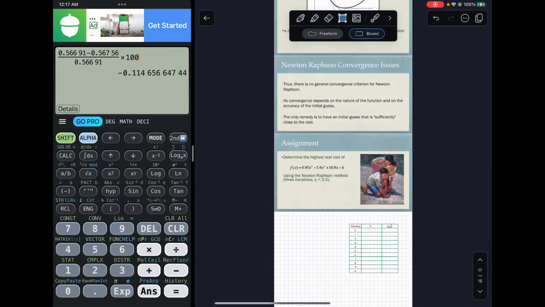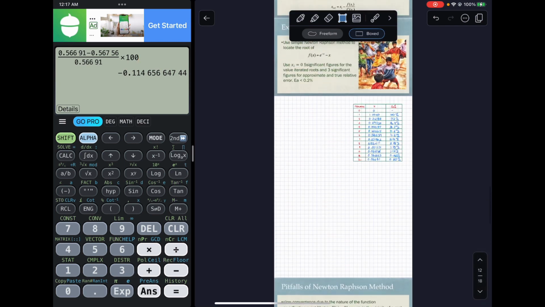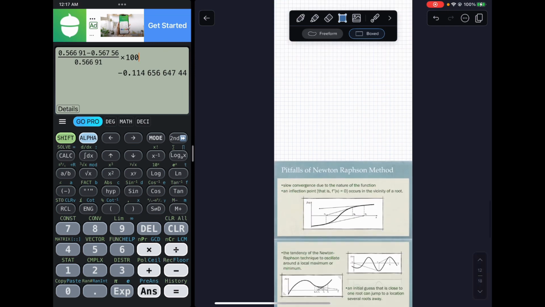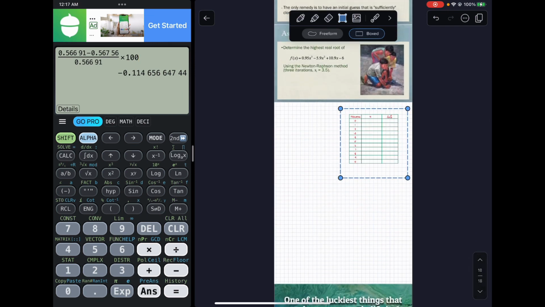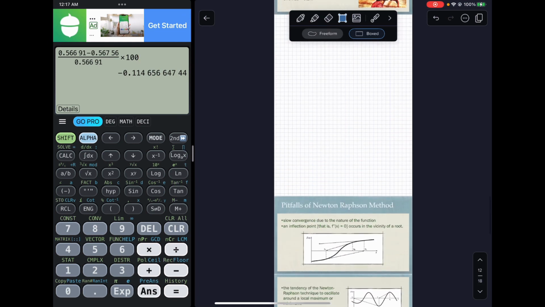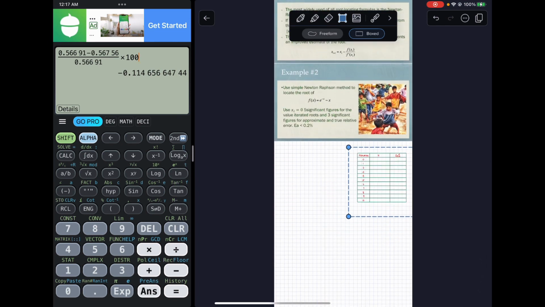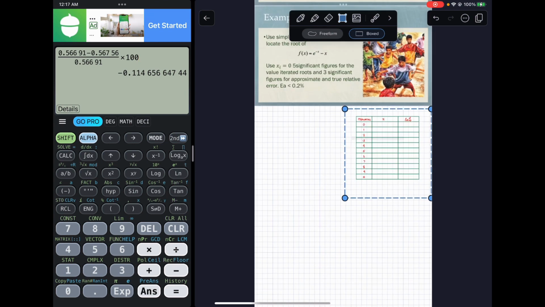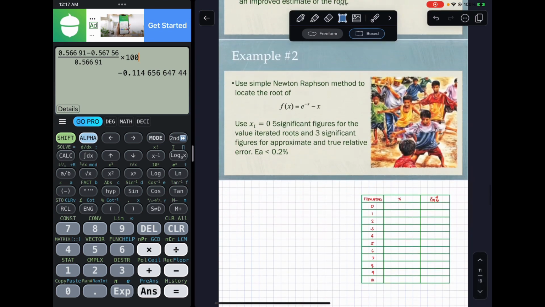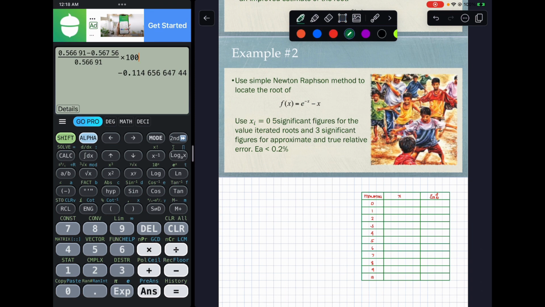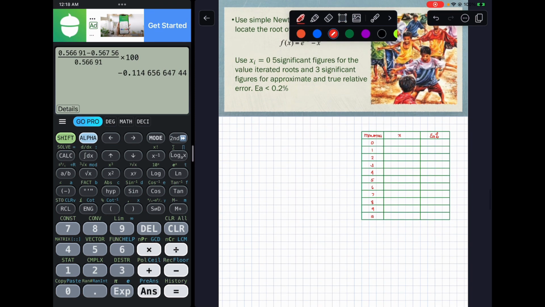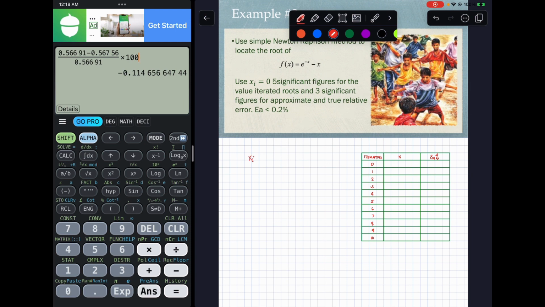We have another table, which is blank, so I'm just going to use that one. For the Newton-Raphson method, our general formula will be x sub i plus 1 is equal to x sub i minus f of x sub i all over f prime of x sub i.